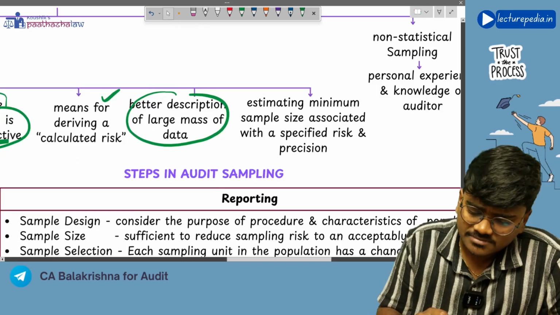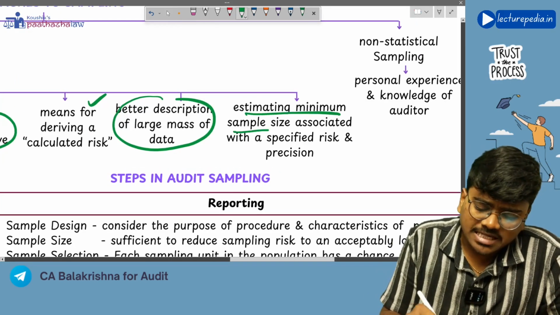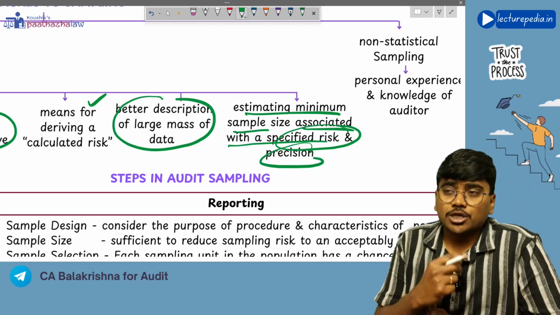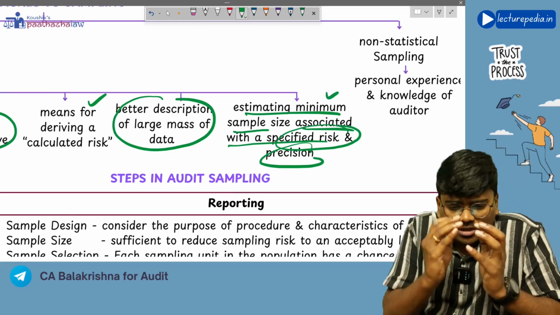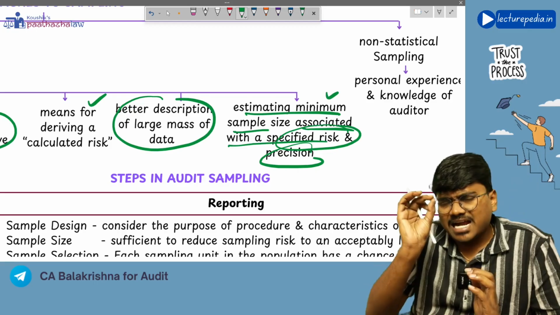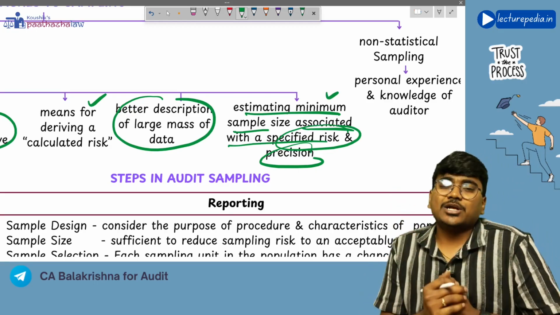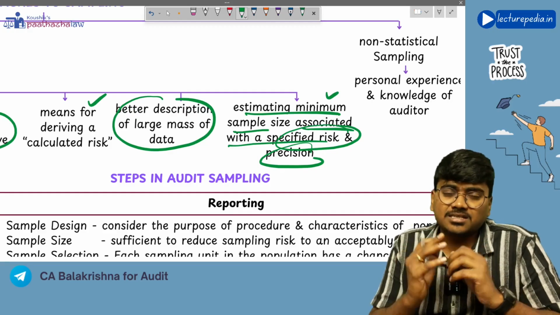Next, estimating minimum sample size associated with specified risk and precision. So you can estimate a minimum amount of sample with exact precision and exact risk level, right? These are the advantages of statistical sampling.